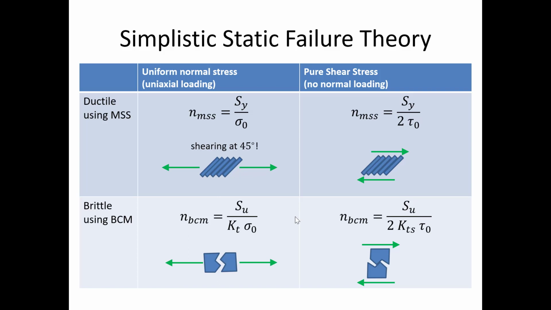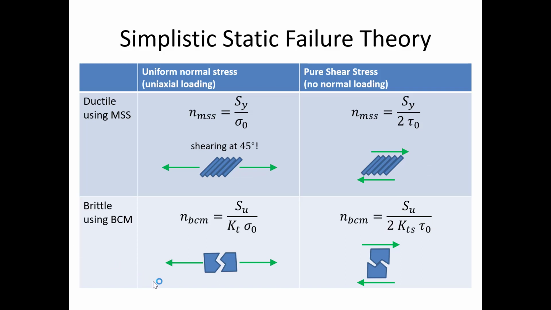If it is a ductile material, no KT. If it's a brittle material, you're going to use KT. If it's a normal loading scenario, uniform normal stress, there's no 2, and there's a sigma. If it's a pure shear stress scenario, there is a 2, and there's a tau, shear stress, that goes with it.